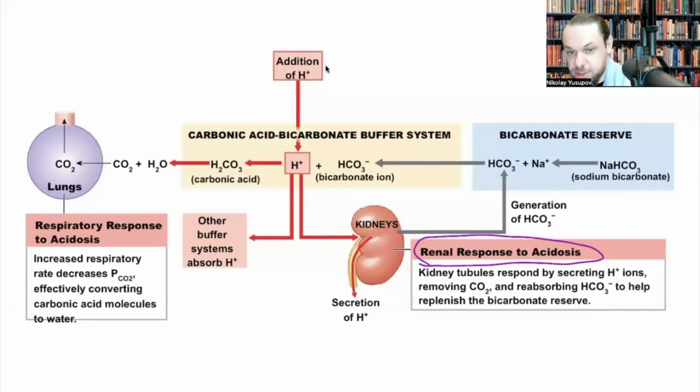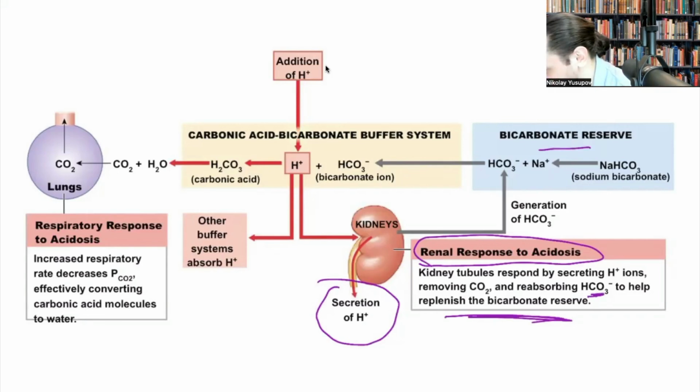The goal of the kidney is to secrete hydrogen ions, so you get rid of this in the urine. Ions are being removed, and you have reabsorption of bicarbonate, so you move the formula towards this end, and then the excess CO2 is gotten rid of by the lungs. It's the compensatory response.